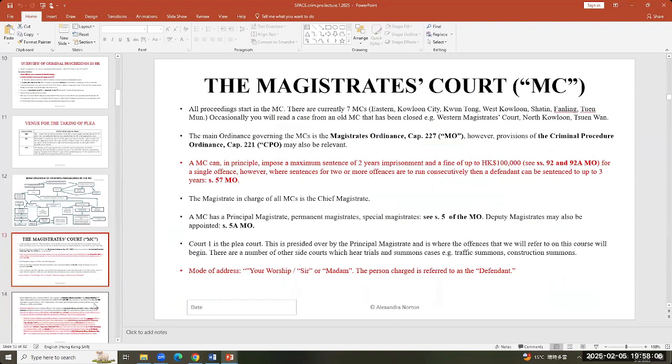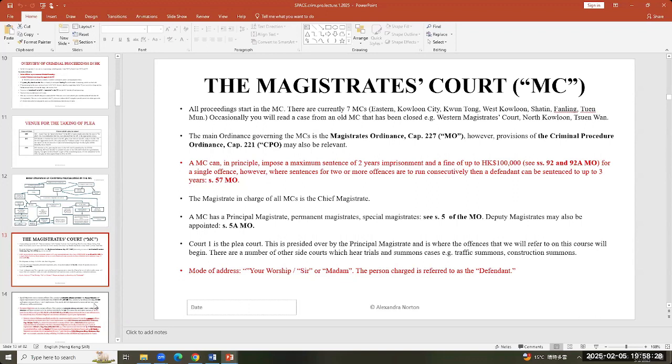So, magistrates' courts. You need to be familiar with the provisions of the Magistrates Ordinance. We'll go through the main sections with you, and there are also some relevant provisions of the Criminal Procedure Ordinance as well. The maximum jurisdiction of the magistrate's court is 2 years imprisonment.